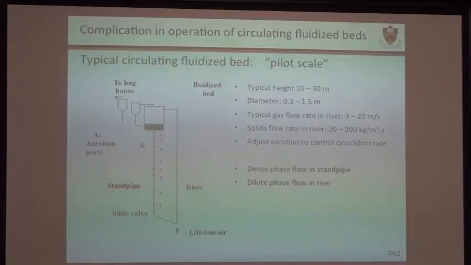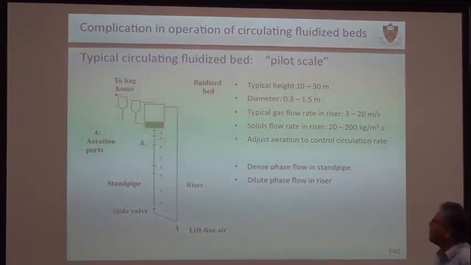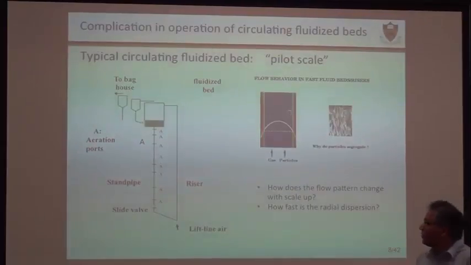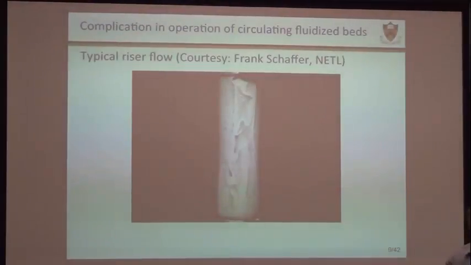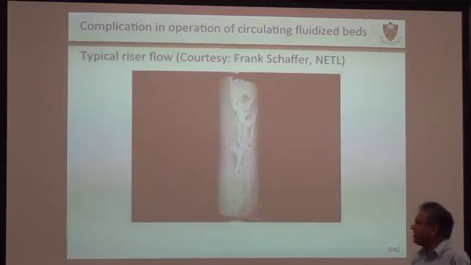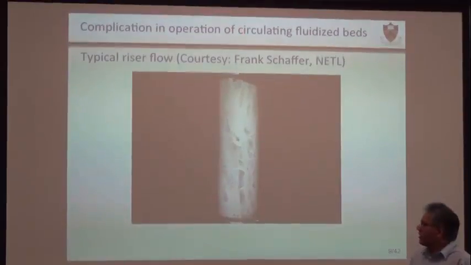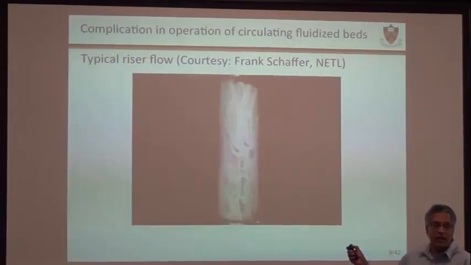What you need to worry about with different scales is this: here is a movie that was taken by people at NETL, Frank Schaefer, and it is taken where you have a vertical pipe through which you are trying to flow gas and particles up.